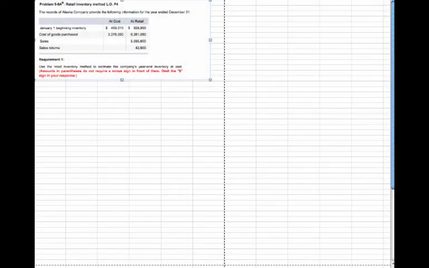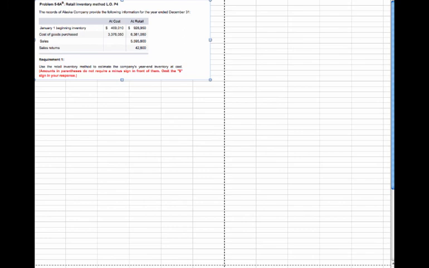Our last problem that we're going to do here in this chapter is to do what we call the retail inventory method. Now, what happens in the retail inventory method is that there are situations where we don't necessarily have the ability to calculate our inventory. And sometimes we have to estimate what that inventory value is.